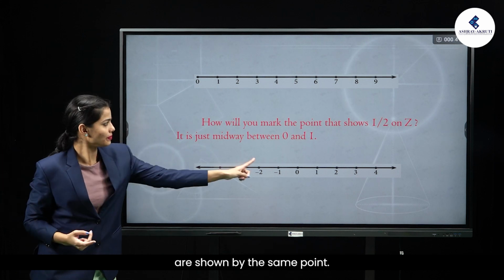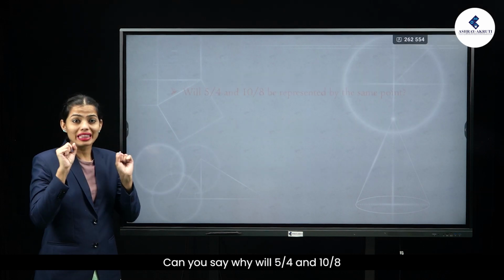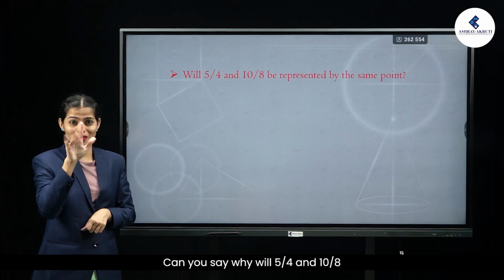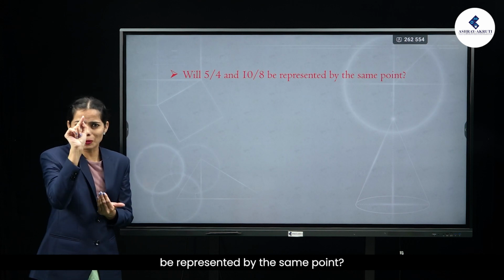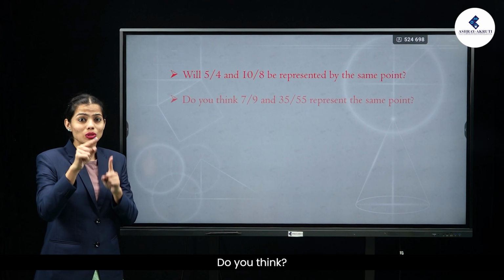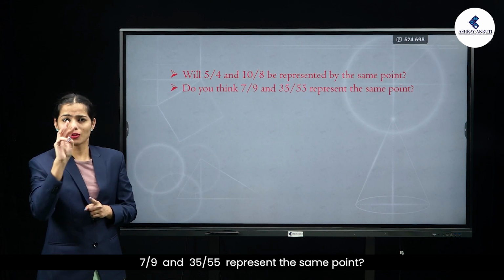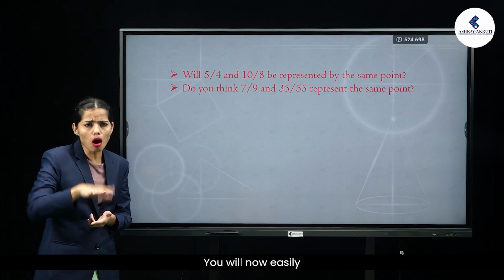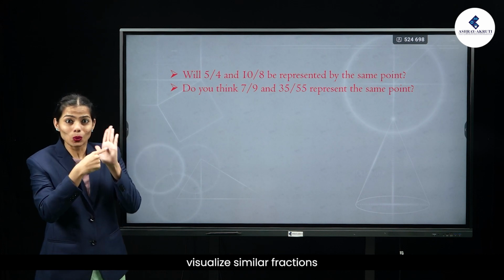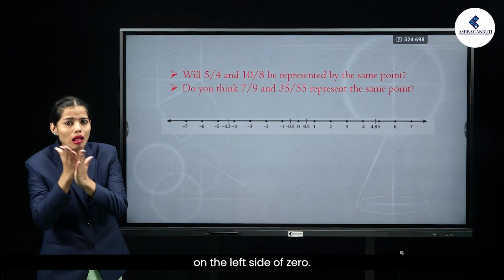Can you say why? Will 5 by 4 and 10 by 8 be represented by the same point? Do you think 7 by 9 and 35 by 55 represent the same point? You will now easily visualize similar fractions on the left side of 0.